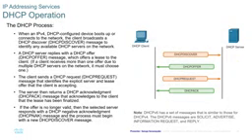DHCP operation. This is an important concept that you should understand and remember like the back of your hand for your exams. So when an IPv4 DHCP configured device boots up or connects to the network, the client broadcasts a DHCP discover message to identify any available DHCP servers on the network.